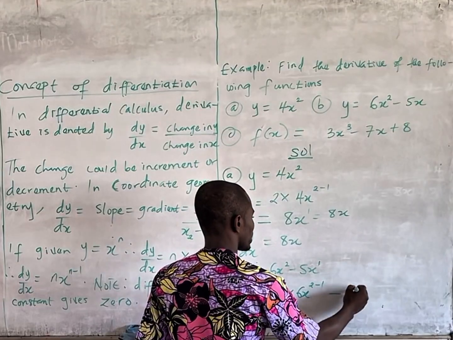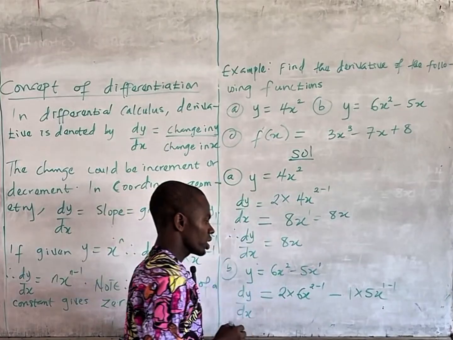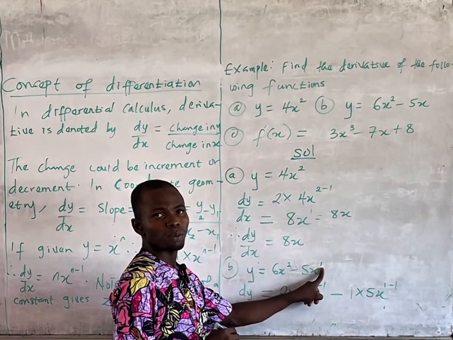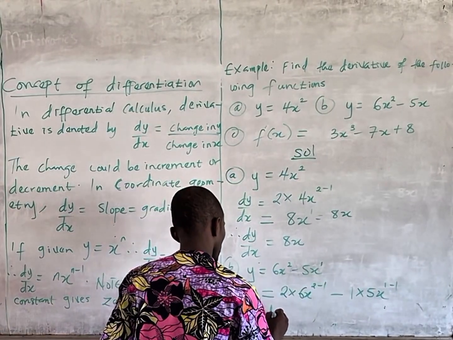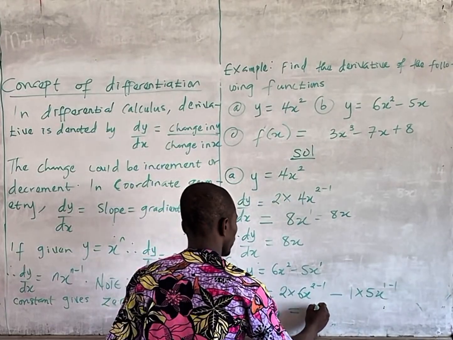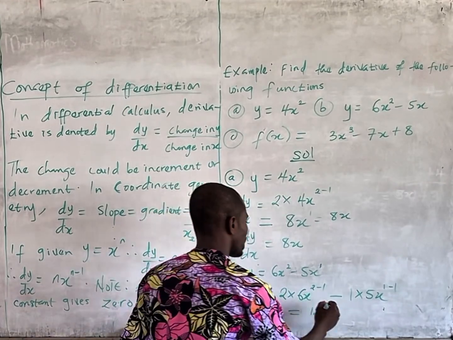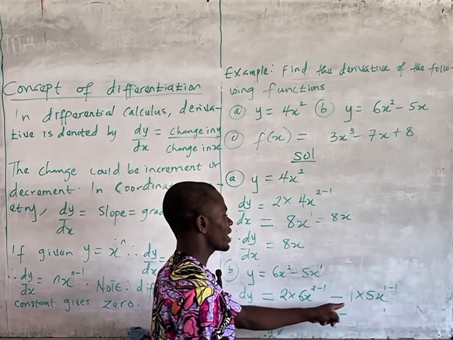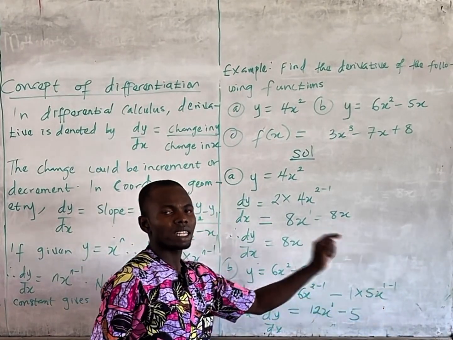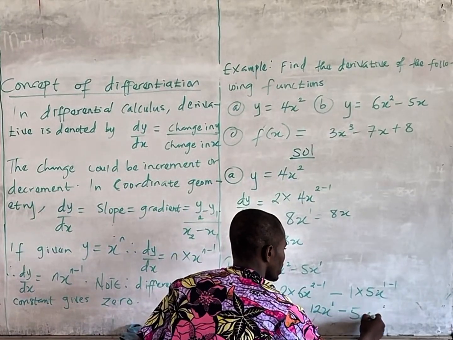It will be 1 times 5x raised to the power of 1 minus 1. So dy over dx is 2 times 6, that is 12, then x raised to 2 minus 1, that is power 1, minus 1 times 5, that is 5, x raised to 1 minus 1, that is 0. According to the law of indices, anything raised to the power of 0 is 1.